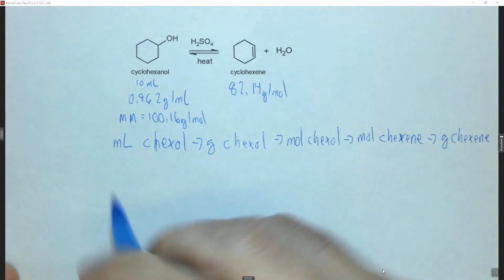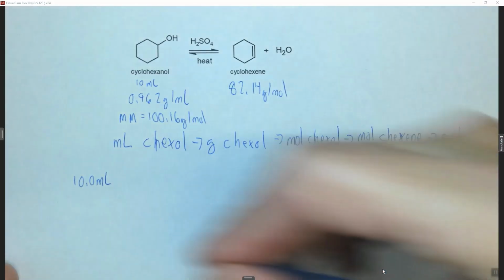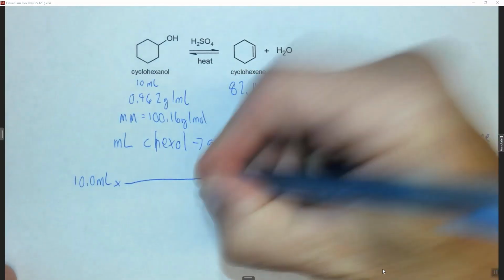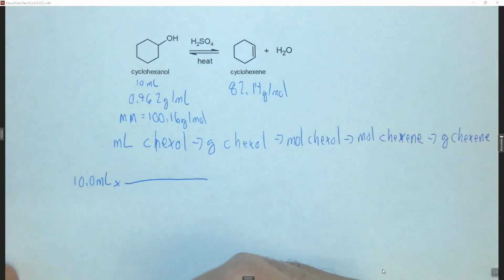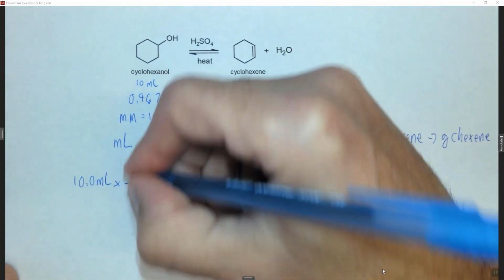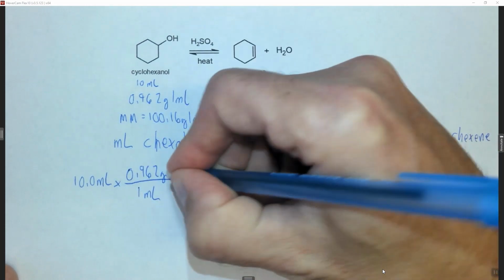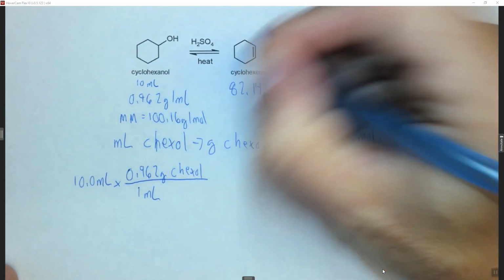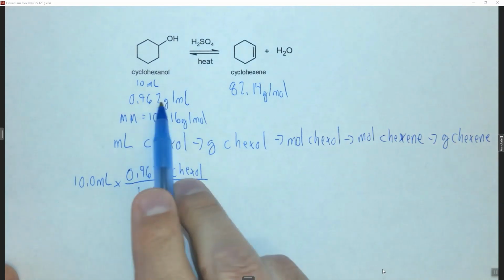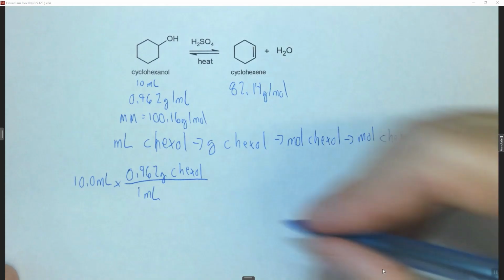Starting with milliliters, I'm going to do 10.0 milliliters, so that I can have 3 sig figs in my answer, and a graduated cylinder can certainly measure 10.0 milliliters. For every 1 milliliter, we're going to have 0.962 grams of cyclohexanol, because it's 0.962 grams per milliliter. So every 1 milliliter has 0.962 grams.